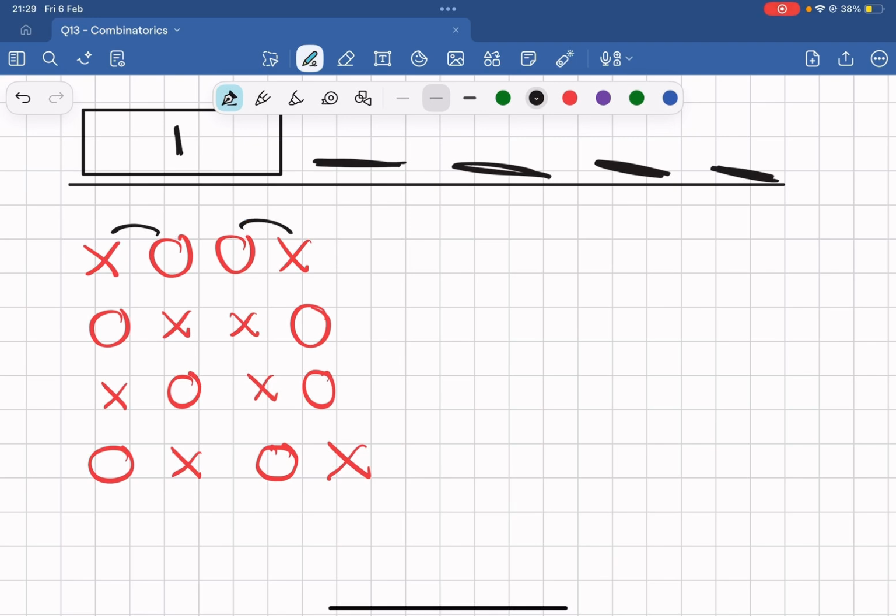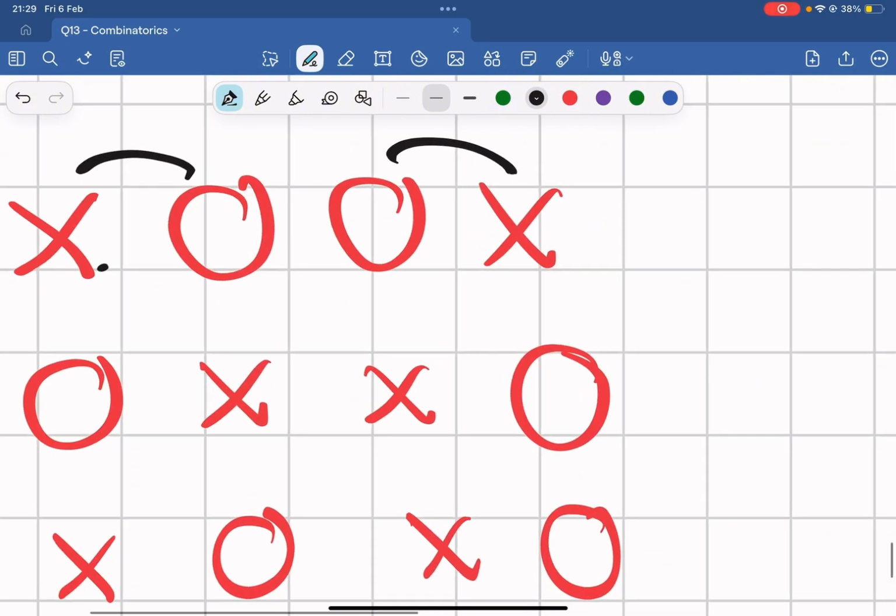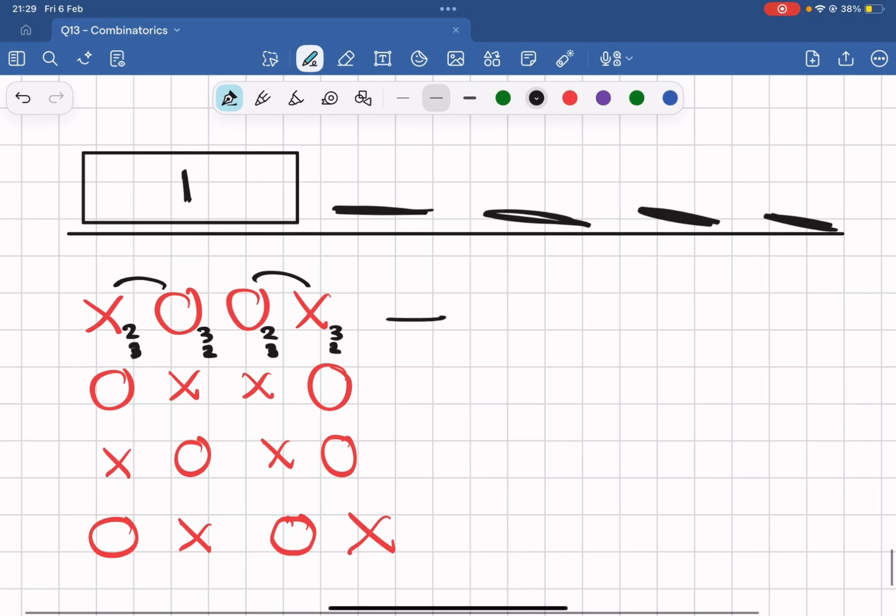How many ways can we do this? Well, we can have second wife there, third wife there, third husband there, second husband there. That's one way. Or we can have third wife, second husband, second husband, third wife. Again, that works. So for this arrangement, we have two ways.